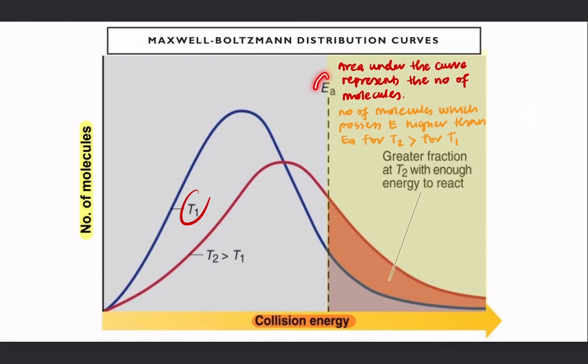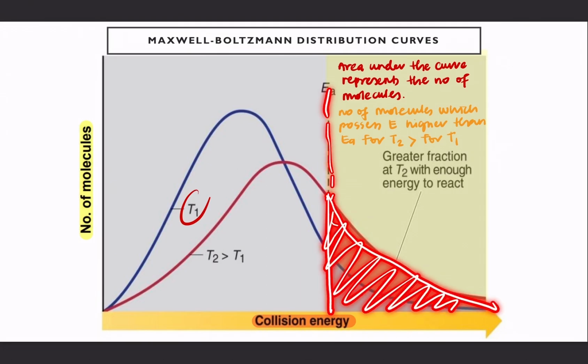So molecules that pass this barrier, all of these molecules will have effective collision, so therefore will turn into product, right?